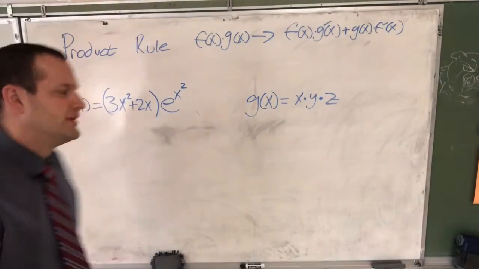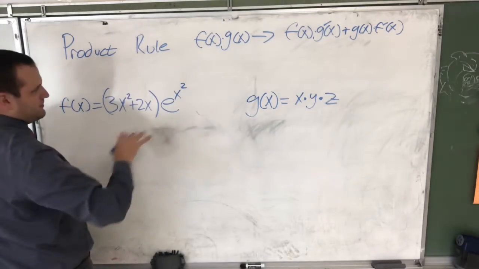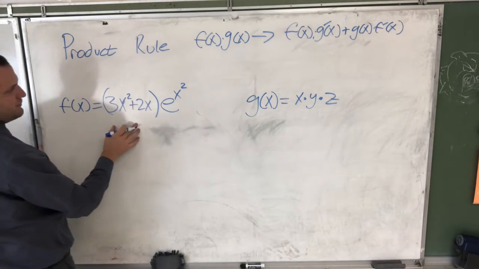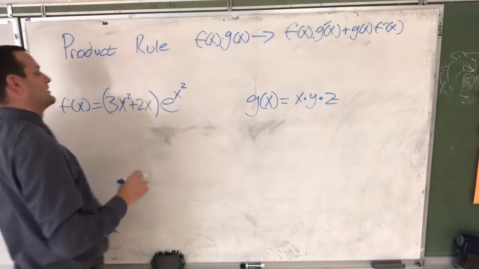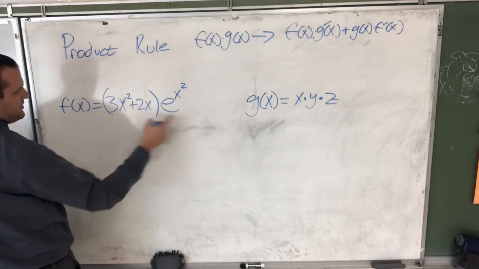All right, here we go. So we've got two problems right here. Let's give them a quick try. This one, we have an e to the x squared. All right? So we've got the first times the derivative of the second.